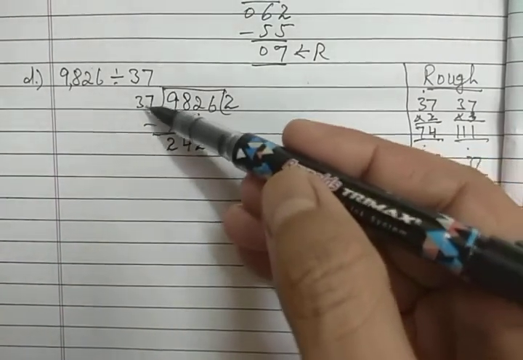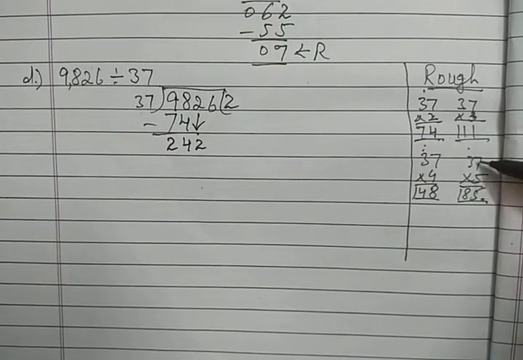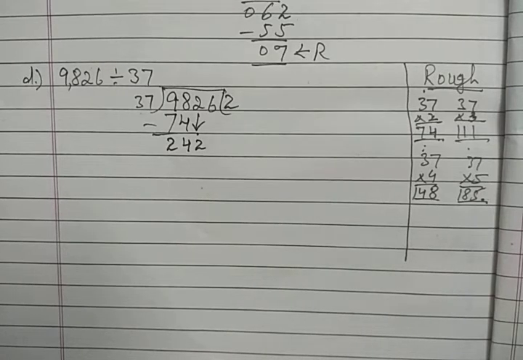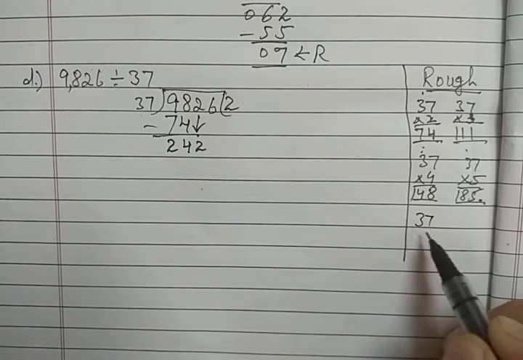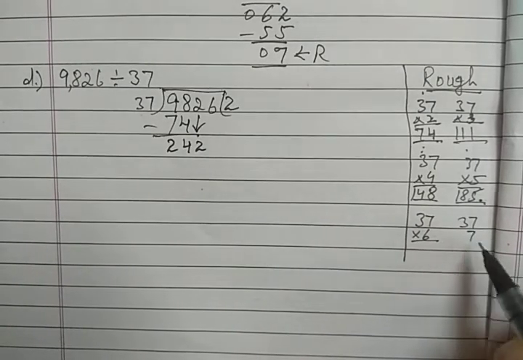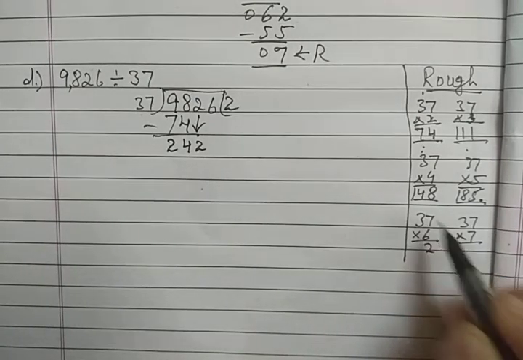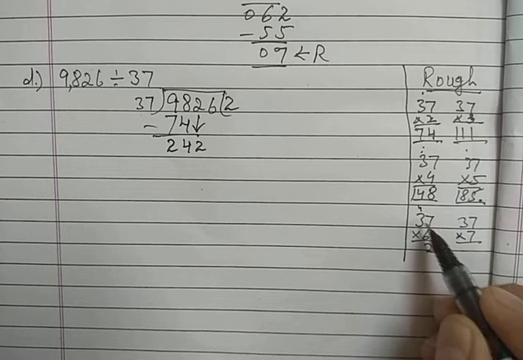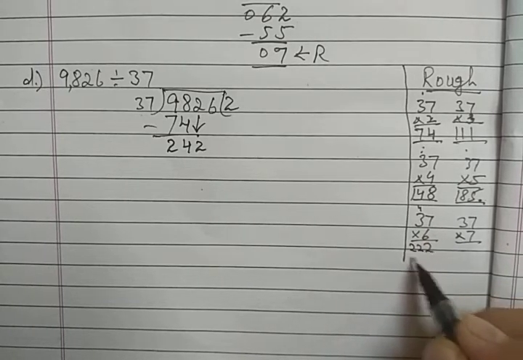Now you have to recite the table of 37 till 242. You can see here that 37 fives are 185, that is smaller than 242. So we will make the table again beyond 5. So 37 sixes, then 37 sevens. 6 sevens are 42, here is 4. 6 threes are 18 plus 4 is 22.